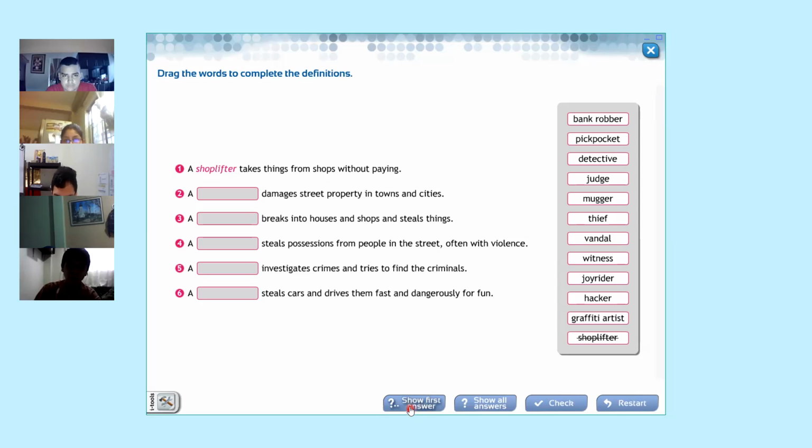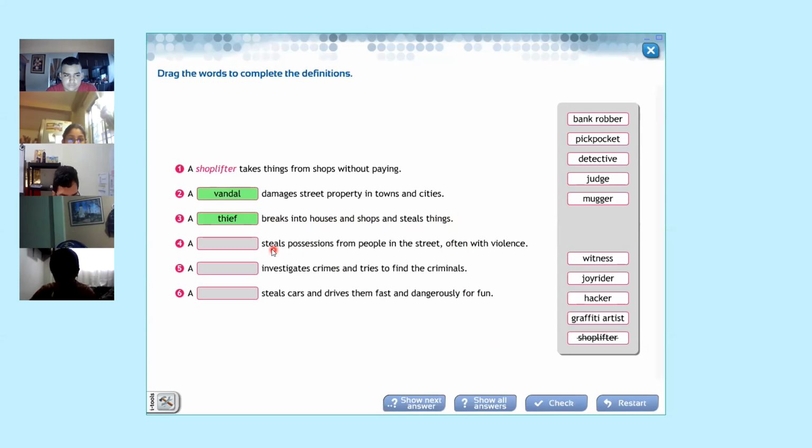Vandal. Very good. Okay, it's a vandal. Very good. Continue, Miss Romina. Number three. Breaks into houses and shops and steals things. Okay, who is? A thief. A thief, okay.